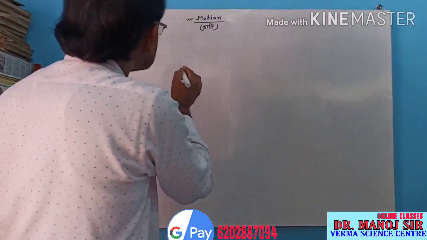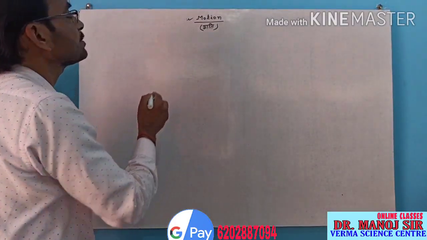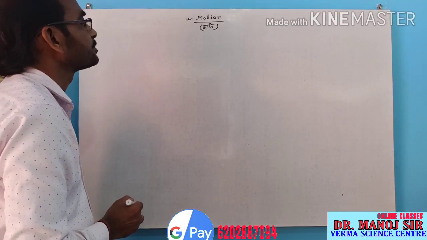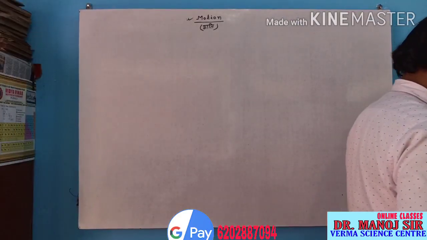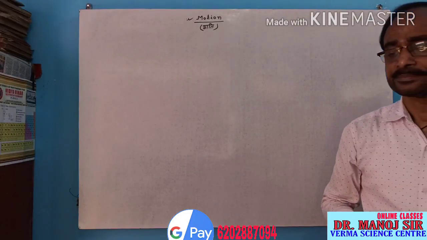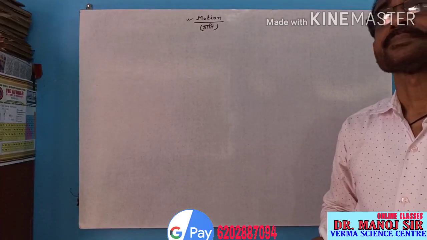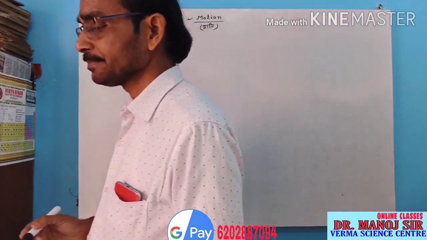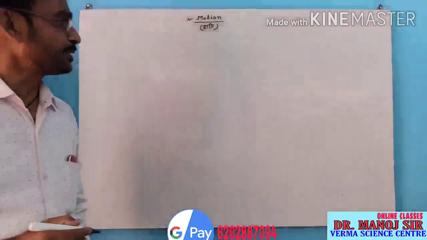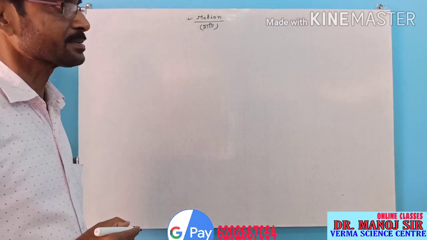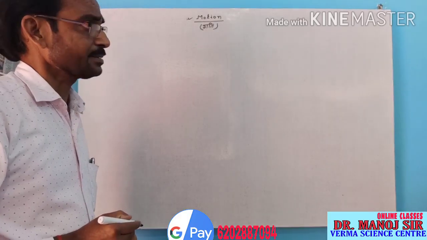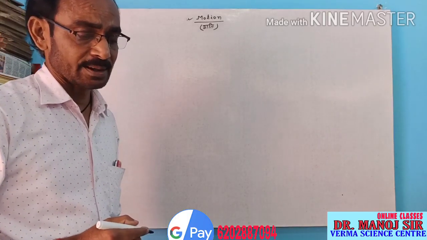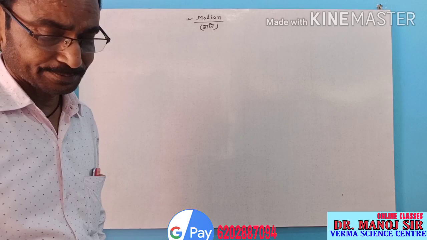For example, a moving car, walking of a human being, the revolving of the needles of hours, minute and second, these are the motion.